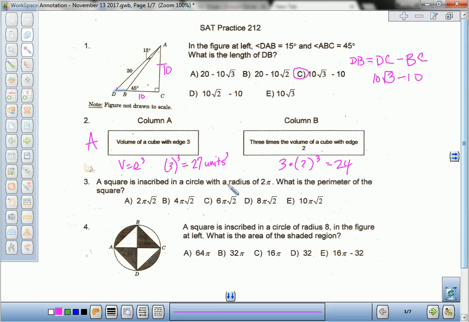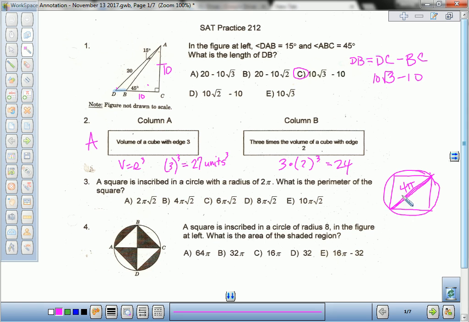So A is larger. A is your answer. Number 3, a square inscribed in a circle with a radius of 2 pi. What is the perimeter of the square? So I'm visual, so I'm going to sketch this. Square inside the circle. Close enough. I get the idea. All right, so if the radius is 2 pi, that means the diameter would be 4 pi, right?